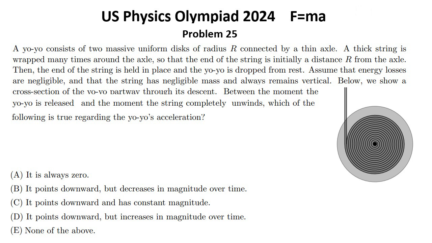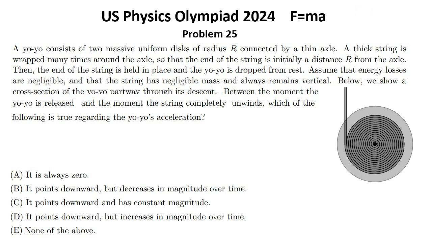Assume that energy losses are negligible and that the string has negligible mass and always remains vertical. Below, we show a cross-section of the yo-yo partway through its descent, between the moment the yo-yo is released and the moment the string completely unwinds. Which of the following is true regarding the yo-yo's acceleration? Answer A. It is always 0.